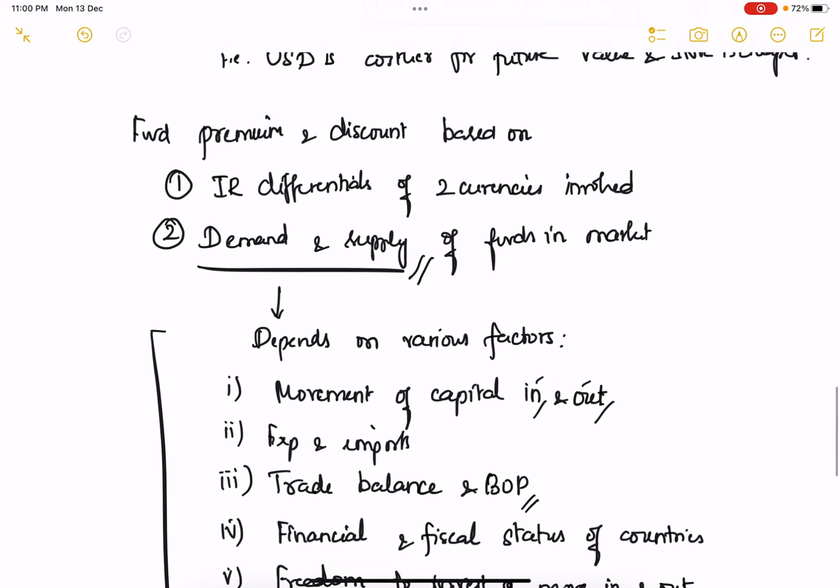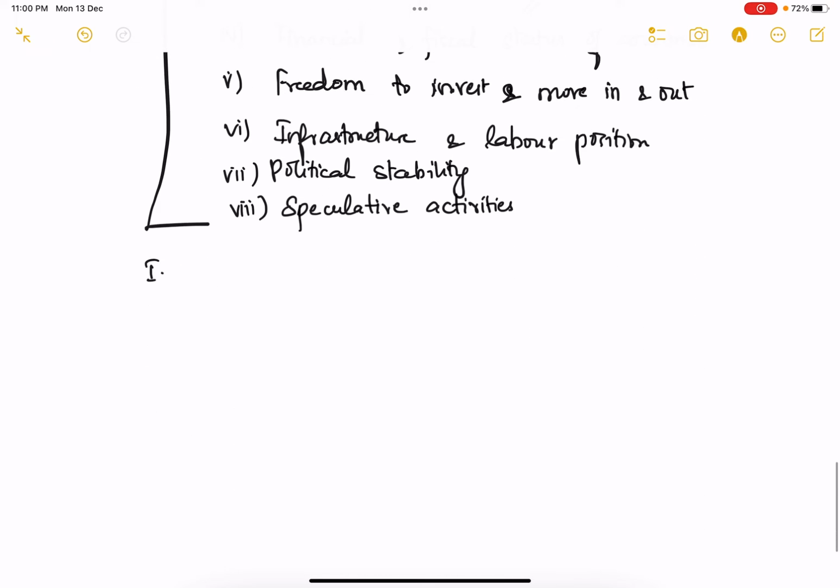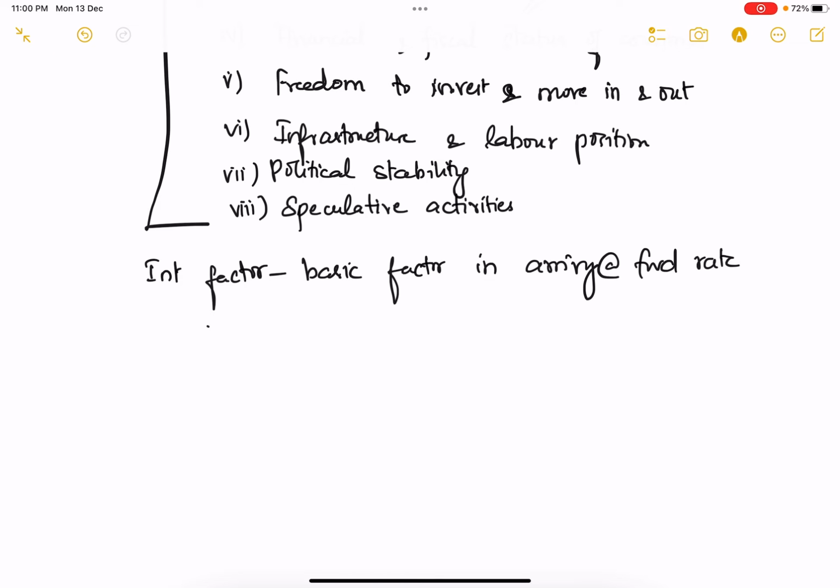Now moving on to the first factor, that is interest rate differentials. So the interest rate factor is the basic factor in arriving at the forward rate. For example, the rate of interest for a particular goods in US is 2% per annum, whereas in London, similar goods are purchased at 4% per annum.